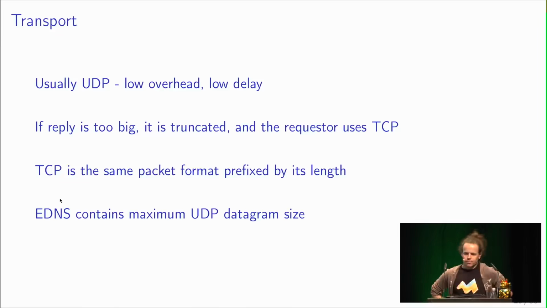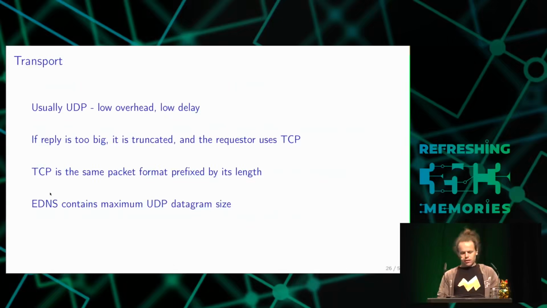What transport does DNS use? Usually it uses UDP because it has a very low overhead, only 8 bytes of header, and a very low delay. But you can also use DNS over TCP, and that is actually done if the reply is too big for a UDP frame.